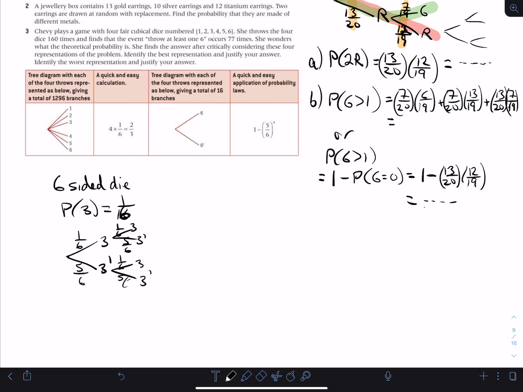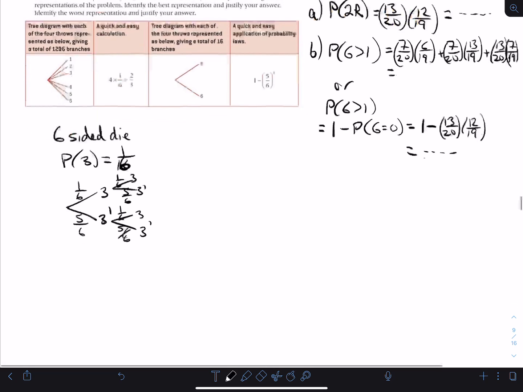So there is a pattern to this, and it's called the binomial pattern. But to keep things simple, there's a quick thing here you can do for simple situations.